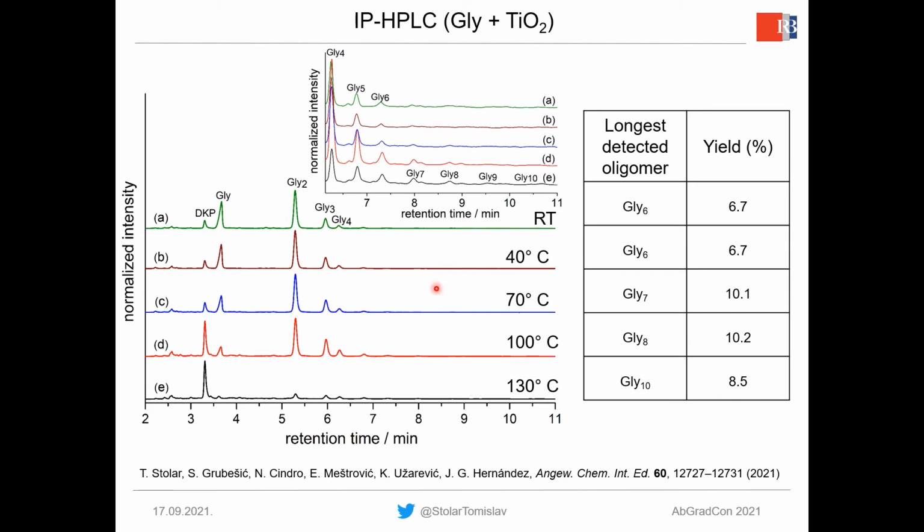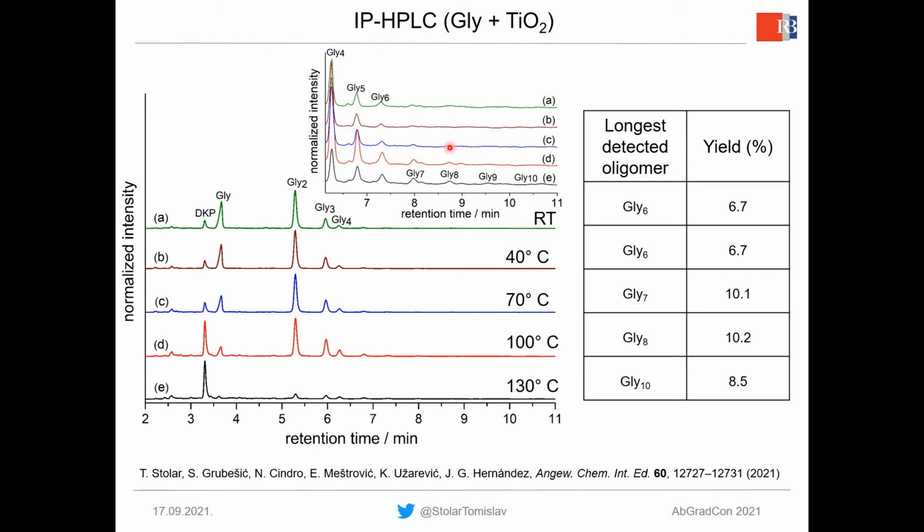As we can see on the chromatograms, raising the reaction temperature going from room temperature to 40, 70, 100 and 130 degrees Celsius, we have observed the formation of longer glycine oligomers.